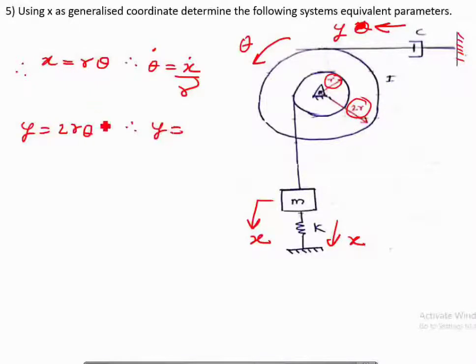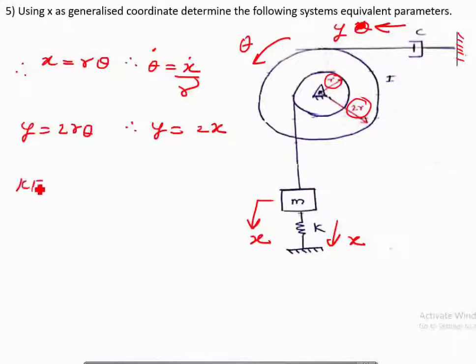Now what is r theta? It is x. So y is equal to 2x. This is the relation I am getting. This is a small change. You have to take y for the damper because it is connected to the outer pulley having radius 2r, which is why y is equal to 2x.